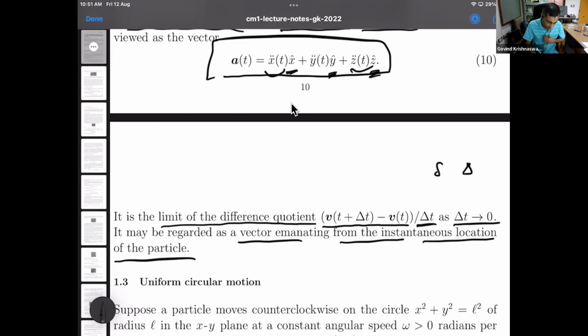Just as we said that the velocity vector is to be viewed as the tangent vector to the curve and thought of as emanating from the current location of the particle, same way, we would like to view the acceleration vector, which in this case may be pointing some direction like that, as emanating from the instantaneous location of the particle. However, the position vector itself emanates from whatever chosen origin you have.